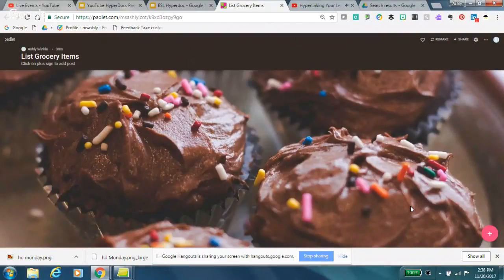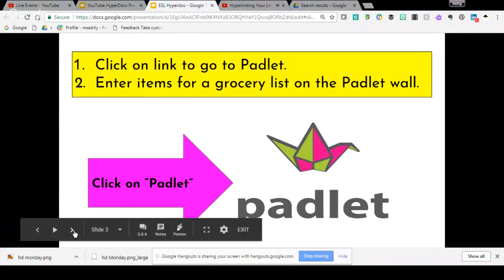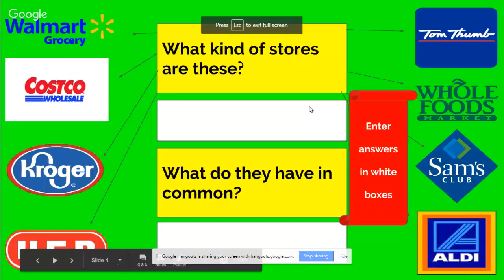Instead of doing that, I wanted them just to come to this Padlet, where they could type in food items. What did I say? Pickles. I don't know why I said pickles, but that sounds good. Each person could contribute to that discussion like that. From there, the next section was, what kind of stores are these? They look around, read the signs, and then enter their answer here. And what do they have in common?